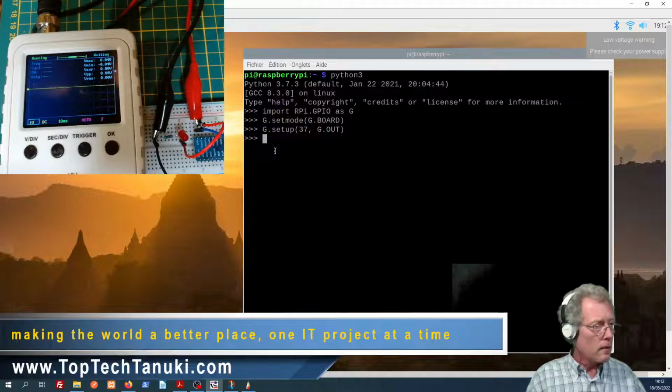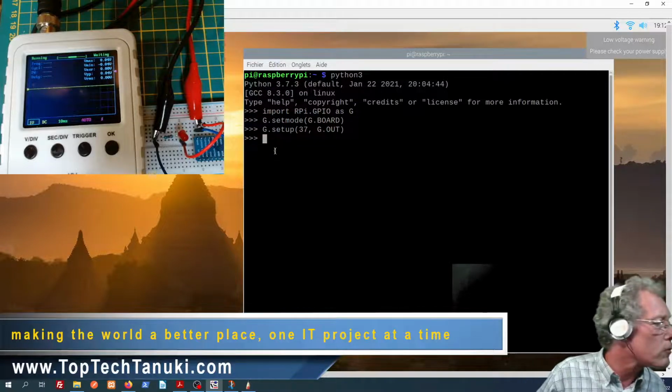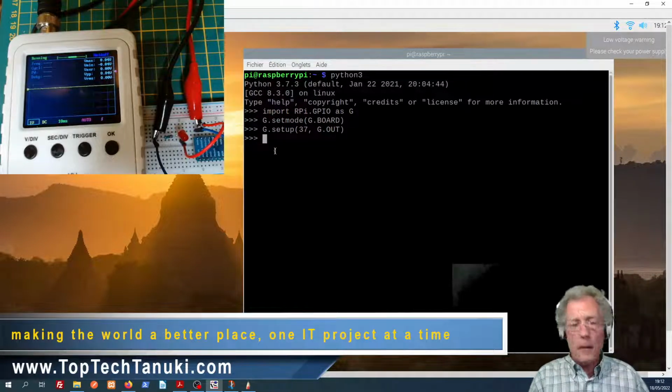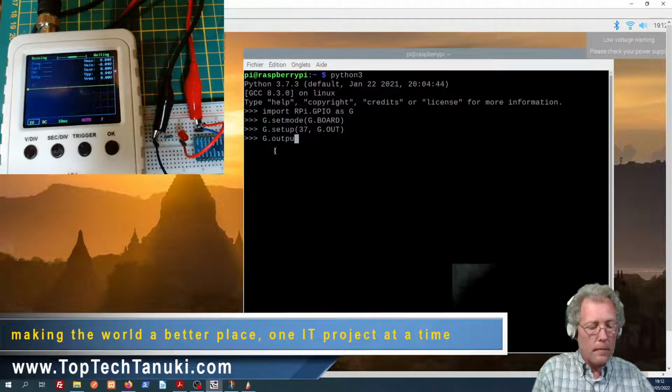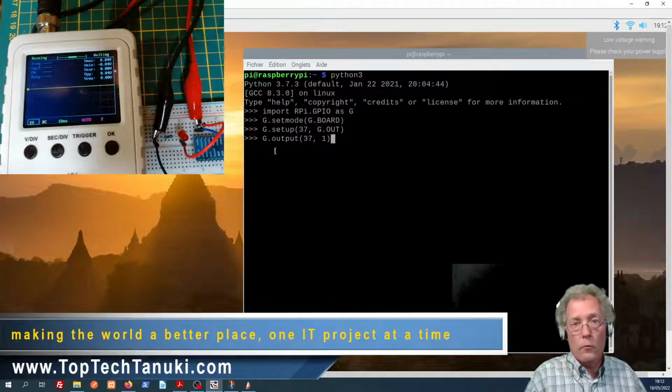Okay, then, yes, if we look at the scope, it's still at 0. We can then send an output on 37 here and set it to high level.